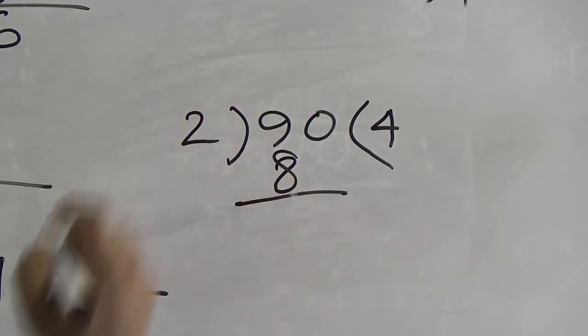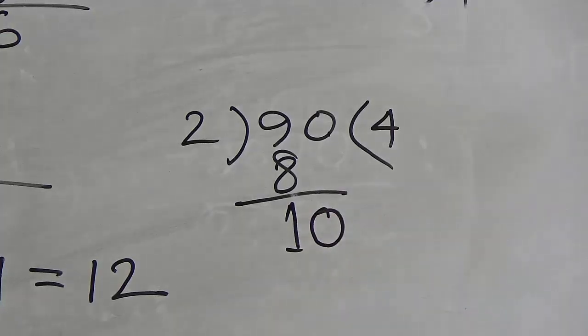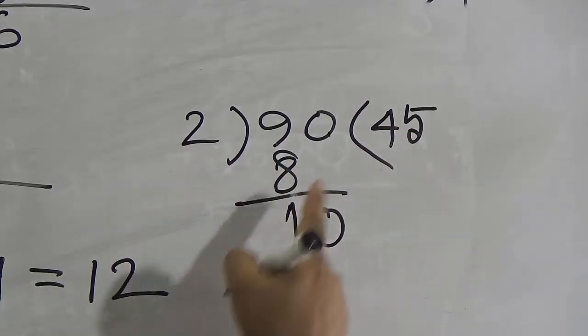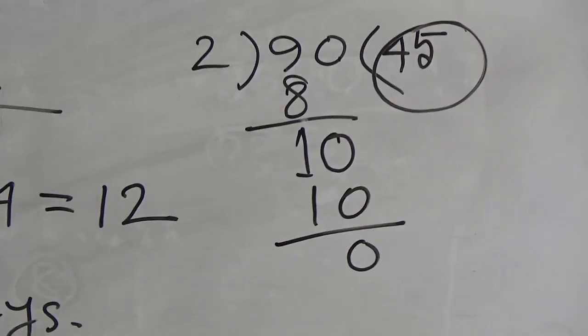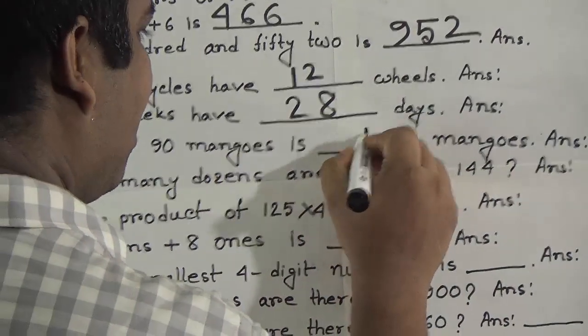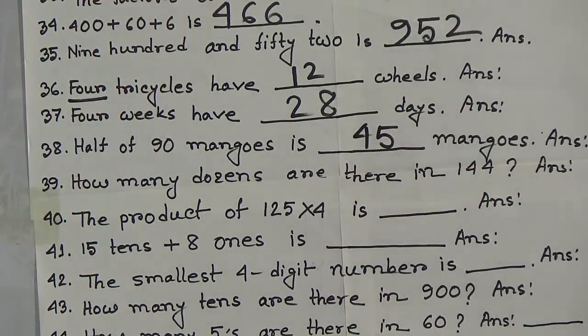If we subtract 8 from 9 we get 1, and 0 is here. In 10, 2 goes in 5 times. So 5 2s are 10. So 45 is the answer. That means half of 90 mangoes is 45 mangoes.